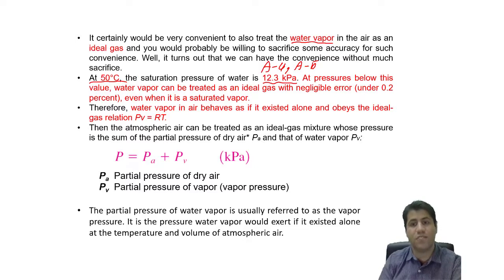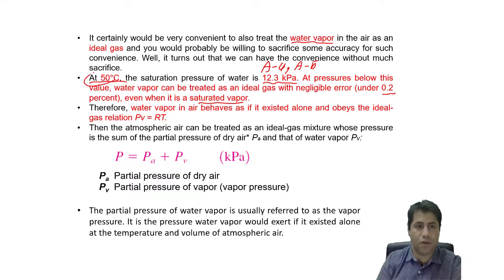At pressures below this value, 12.3 kilopascal, water vapor can be treated as an ideal gas with negligible error, under 0.2%, similar to what we had for dry air, even when it is a saturated vapor. So this is another assumption which is helpful for us to calculate the enthalpy or the thermodynamic properties for the water vapor in the atmospheric air.